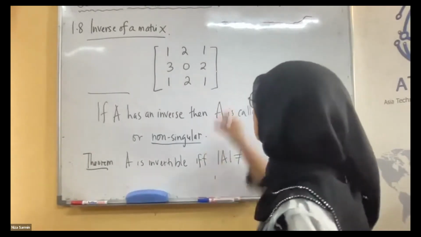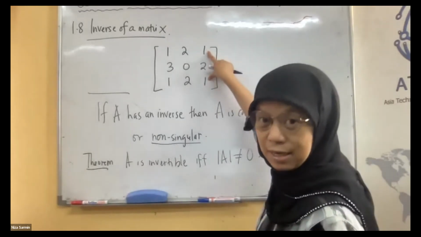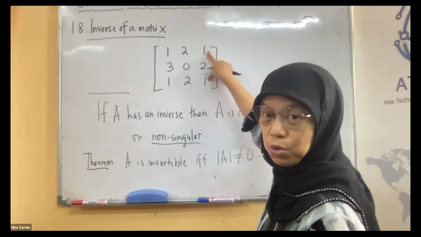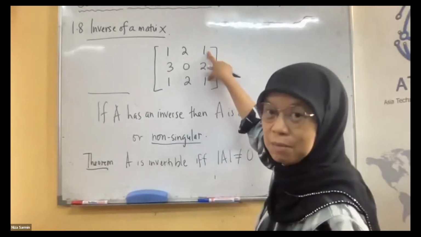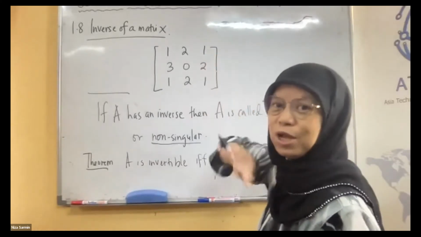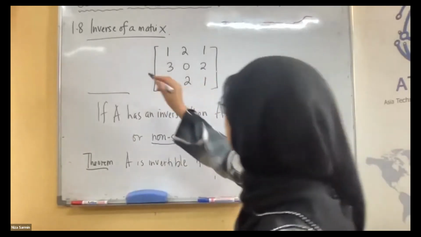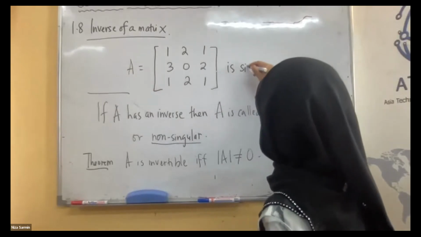Because if you have 2 rows with the same entry, by the property of the determinant it is 0. Because you can actually find the determinant by using elementary row operations. Negative row 1 plus row 3, you'll get all 0. And then you can reduce and get 0. This is one example of singular.